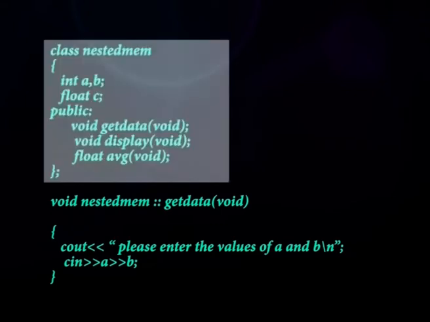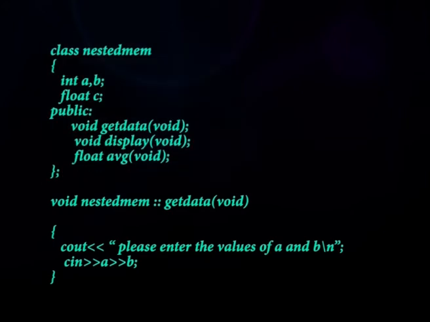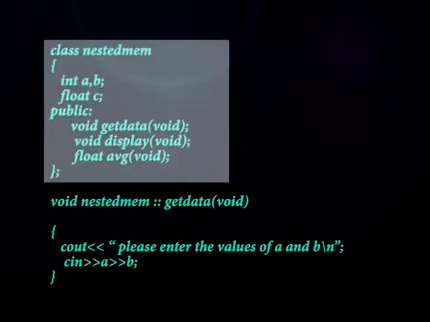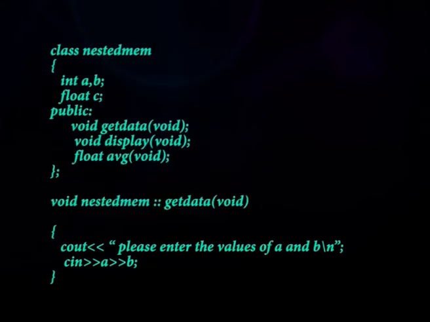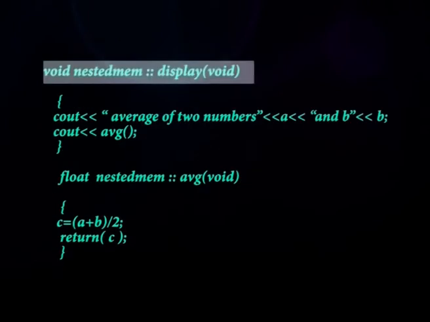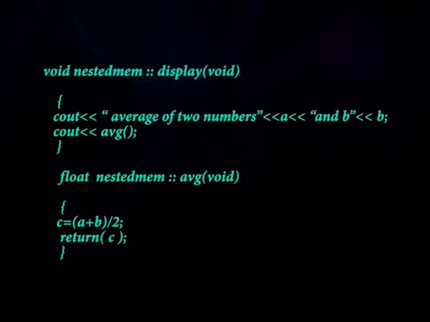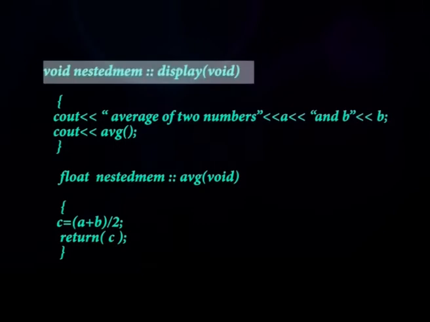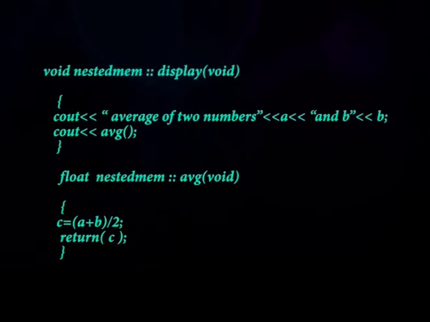This is a class with A, B and C as data members and getData, display and average as member functions. This is the definition of member function getData to input the values of A and B. This is the definition of member function display to display the values of A and B. It also calls a member function average, that is AVG.